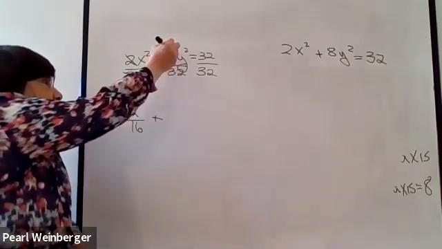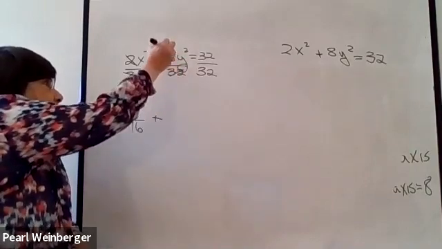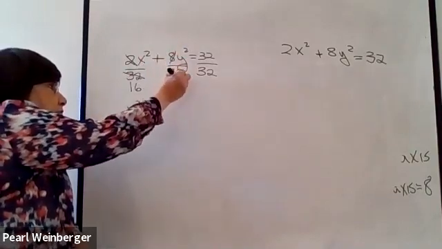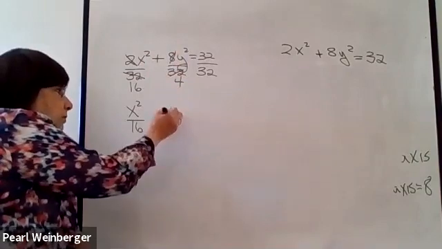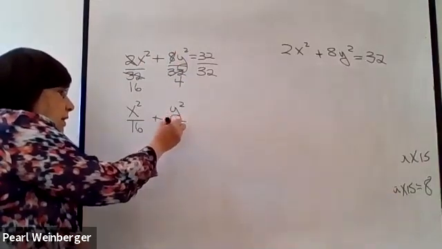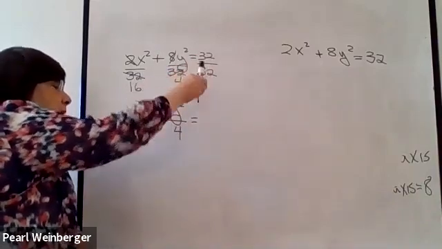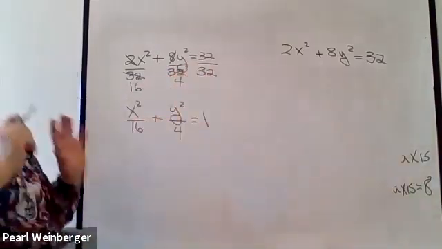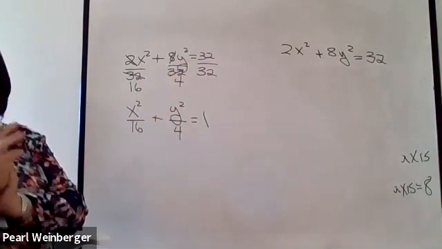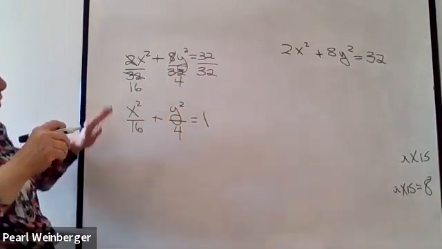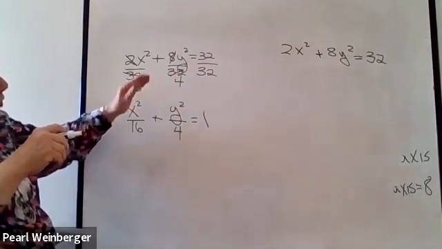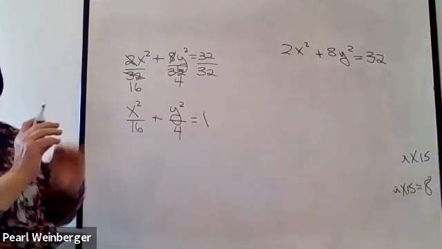Here I have an 8 on top and a 32 on the bottom, so I can cancel it out and get a 4 on the bottom. So that'll give me y squared over 4. And the 32 divided by 32 is now 1. It's now in standard format because it's x squared over something plus y squared over something equaling 1.